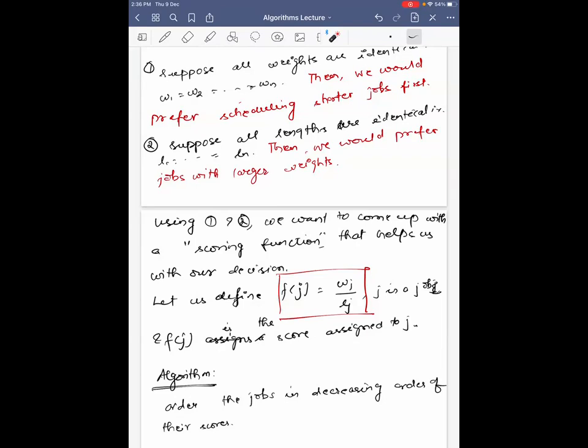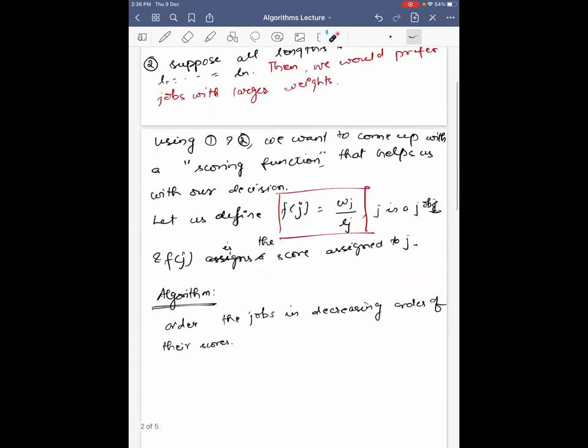Similarly, if each job has the same length, then we would want higher priority jobs to be scheduled first, which is precisely what will happen with this scoring function, because it's directly proportional to the weight of the job. So certainly this scoring function fits quite well with our intuition.